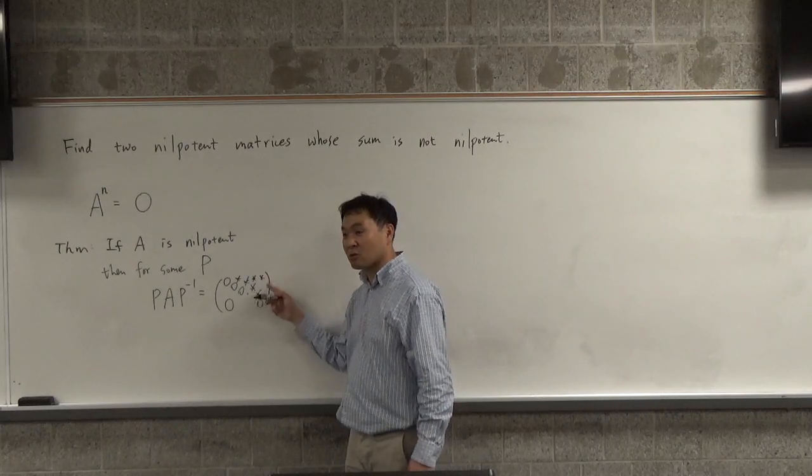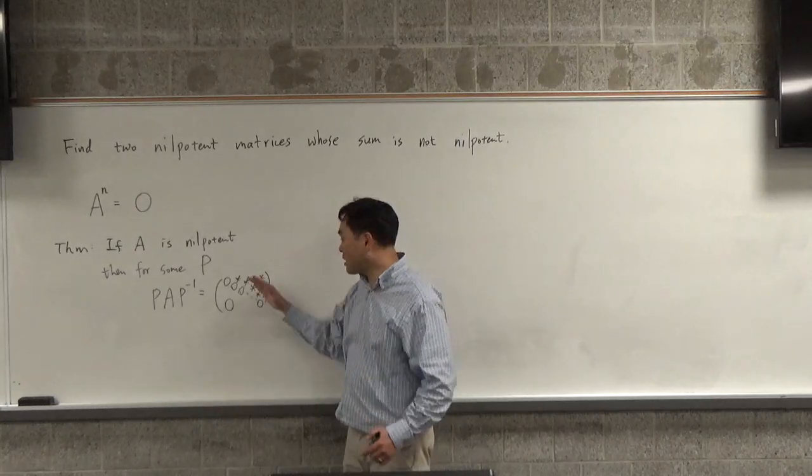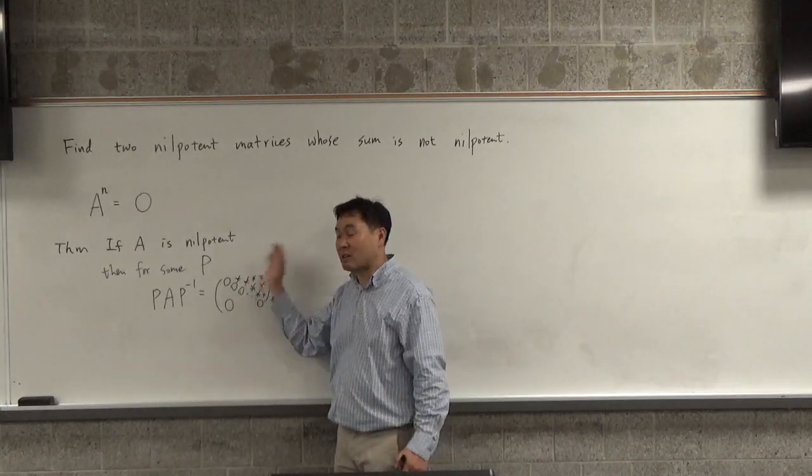Some of these could be 0, or most of these could be 0, but if there is any non-zero element, it has to be above the diagonal. That's called strictly upper triangular.